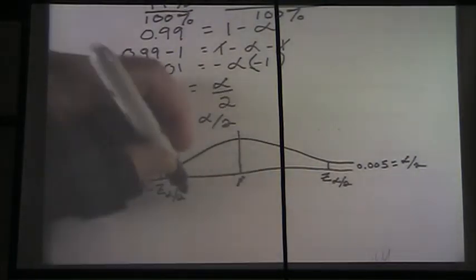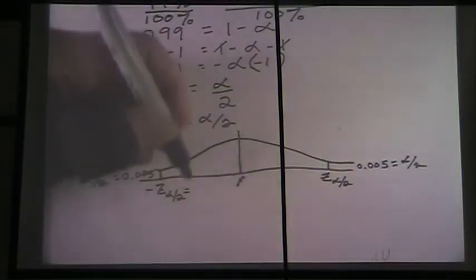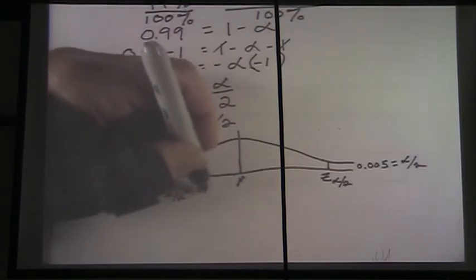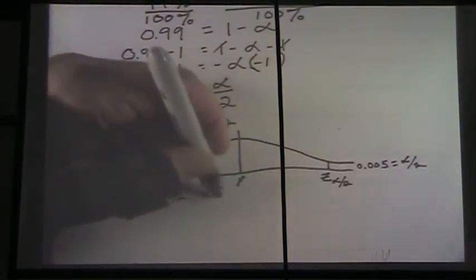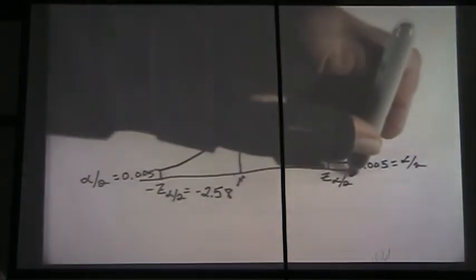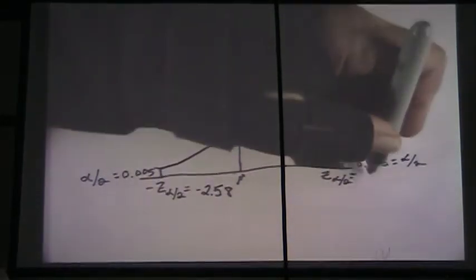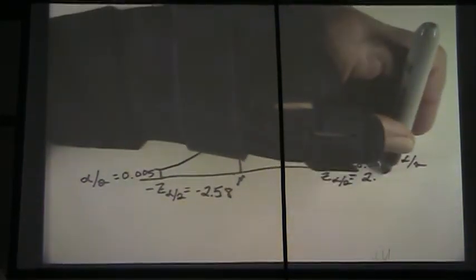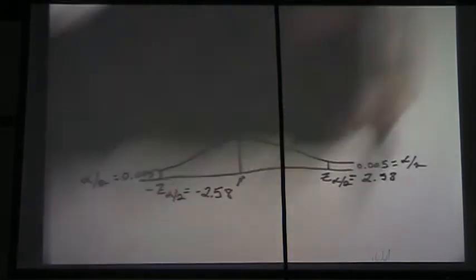So that means our negative z alpha divided by 2 equals negative 2.58, and our positive z alpha divided by 2 equals 2.58.